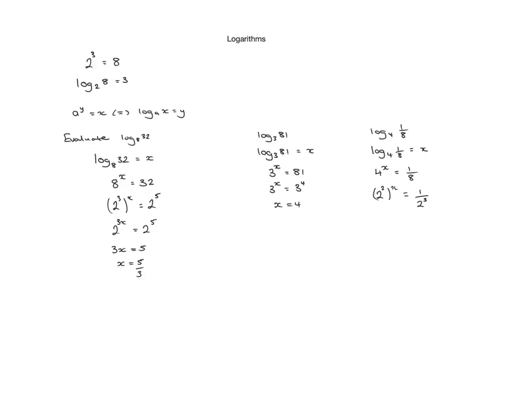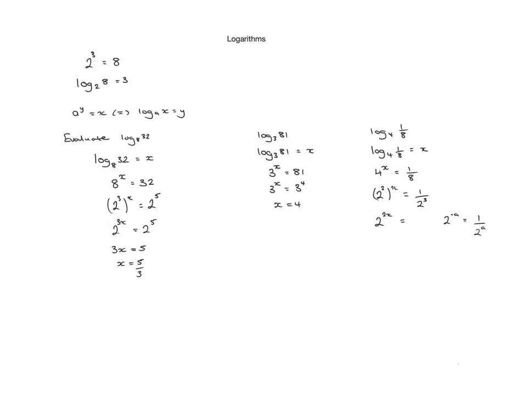Now, the left-hand side is not a problem. I can just multiply the indexes together as per the rules, so we have 2 to the power of 2x. But on the right-hand side, I have a fraction, so I now need to use my index law: 2 to the power of minus a is equal to 1 over 2 to the a.